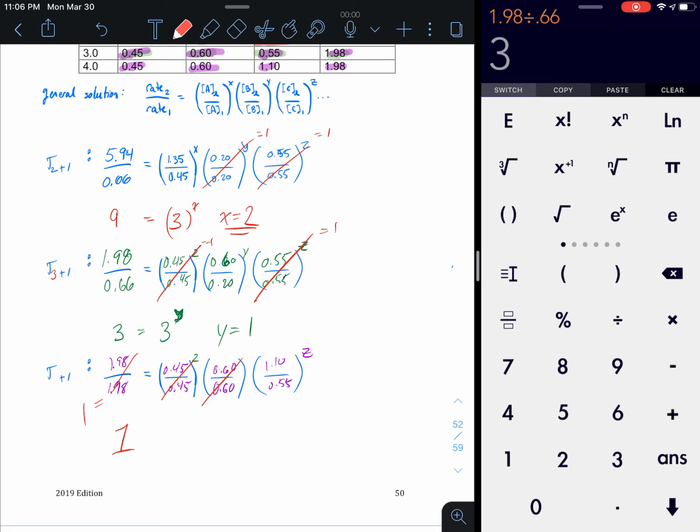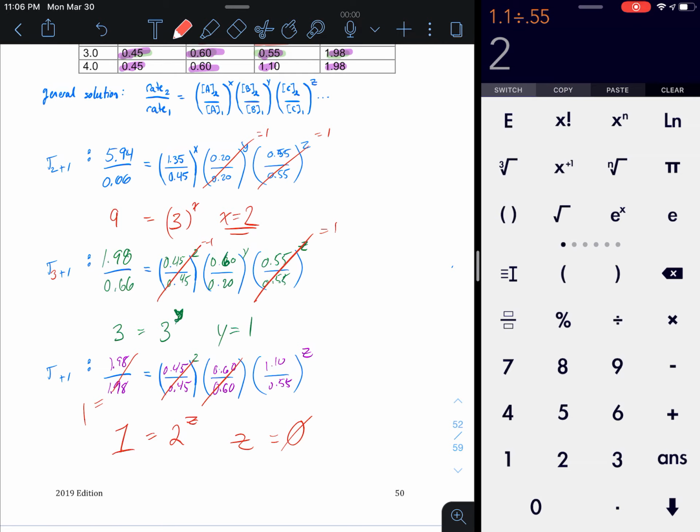So we have a value of 1 equals 2 to the power of z. So that's 1.1 divided by 0.55. So that's 2 to the power of z. So z must be equal to 0.